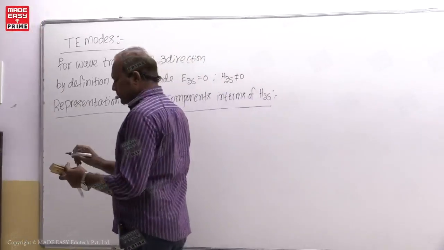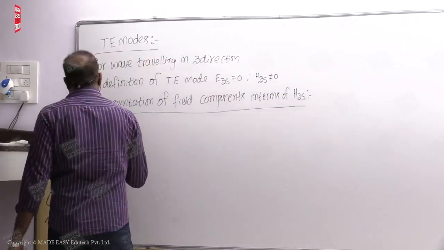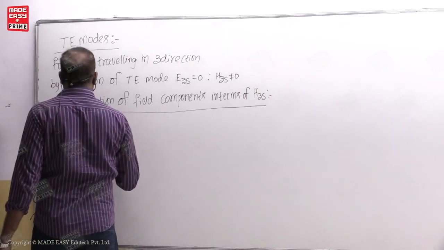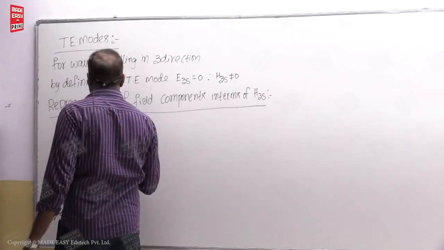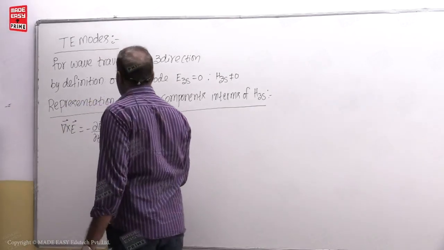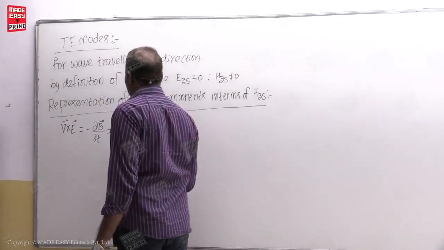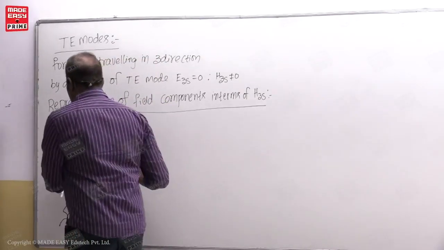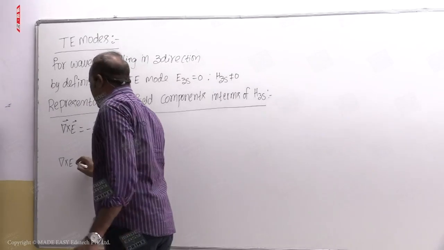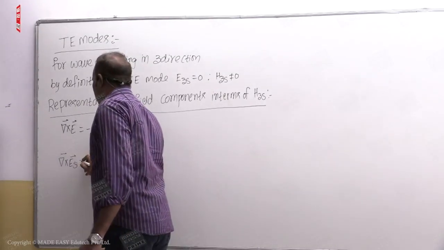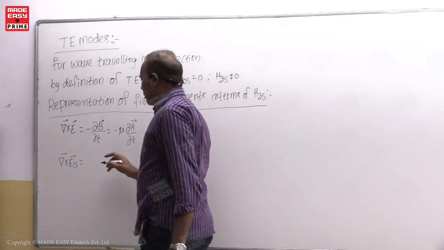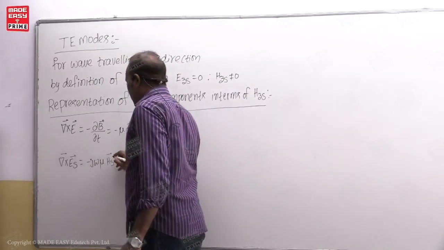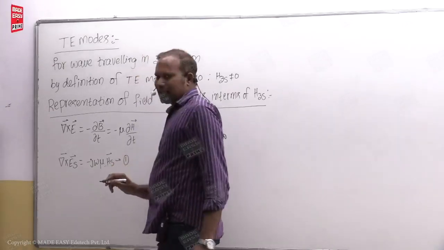So this Maxwell equation: del cross E is equal to minus dou B by dou t, that is, B is mu H, so minus mu dou H by dou t. In phasor domain, del cross Es is equal to, since d by dt becomes j omega, minus j omega mu into Hs bar. So equation number 1. This is the Maxwell equation.